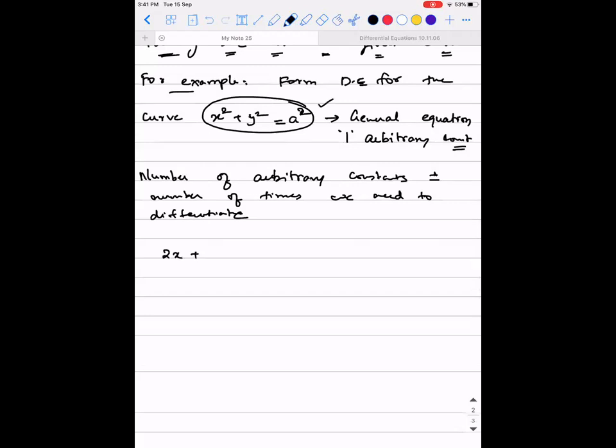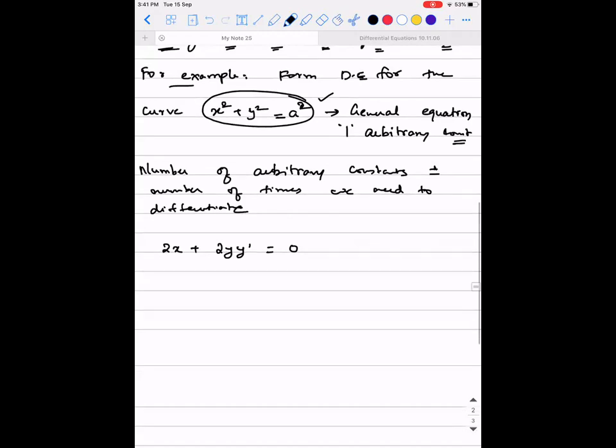You get 2x plus 2y y dash is equal to the derivative of a square, which is 0, since it's an arbitrary constant. So 2 and 2 get cancelled, which implies x is equal to minus y dash, which implies y dash is equal to minus x divided by y.